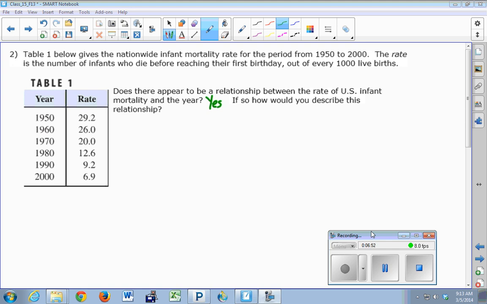You can say that any way you want in your own words. I'm going to shorthand it, but you write it out in a sentence. So as the year, which is really decades here, increases, what happens? The infant mortality rate decreases. That's how I'm going to write it. So one of my variables increases, the other one decreases.